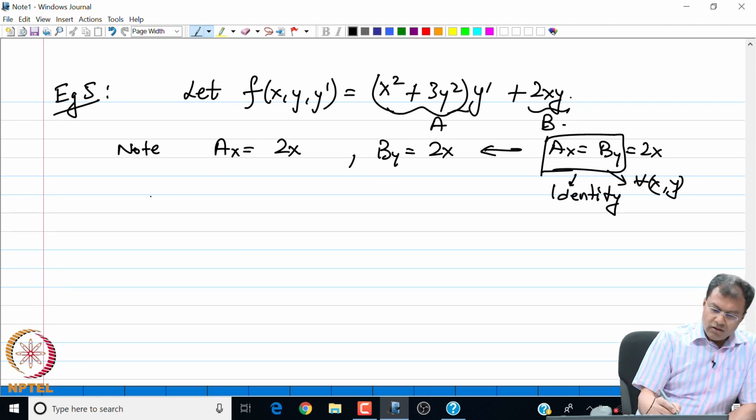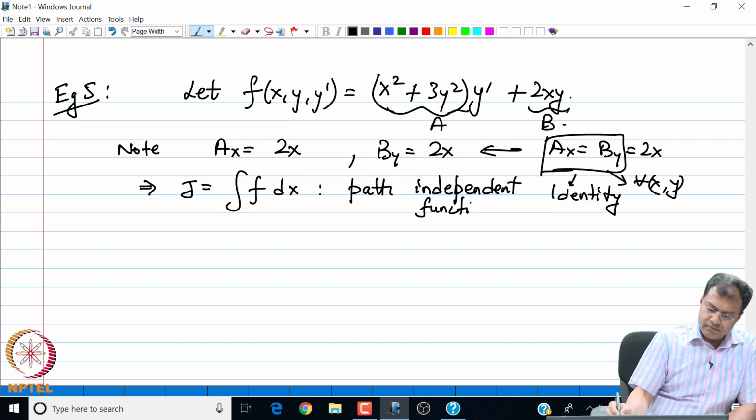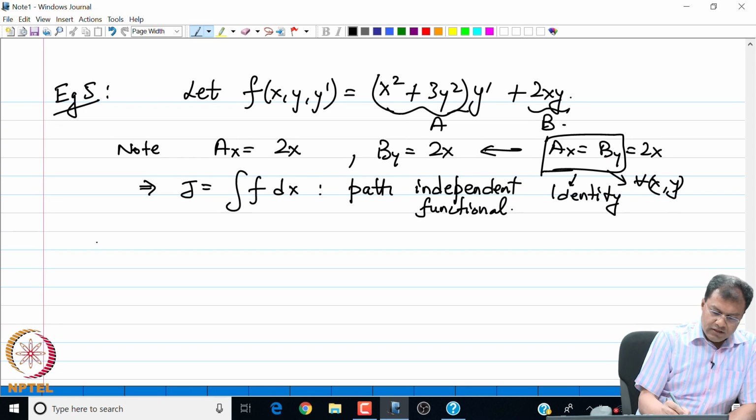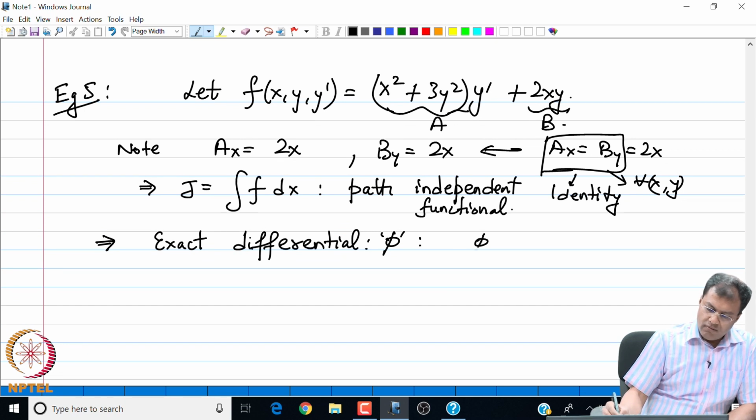So, which means that my functional described by this function f is path independent, and which means that all I need to do is to find the exact differential phi, that is the function phi.